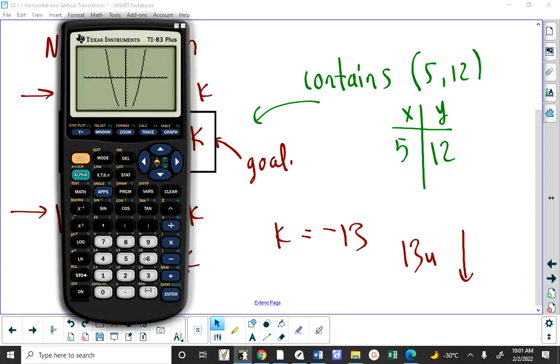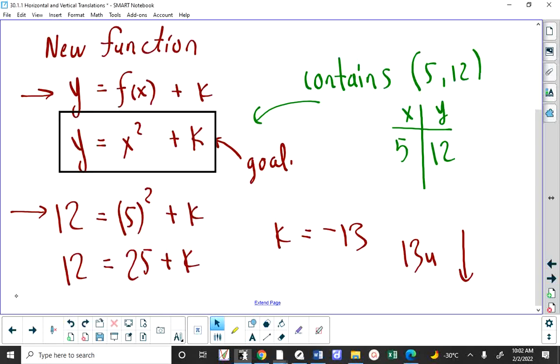Now, this is supposed to pass through (5, 12), right? So I can just go trace 5. It shows me the y coordinate is 12. I can't see the point because it's off the screen. I could go to my table and look at x equals 5 and see that y is 12. There are ways that we could confirm this. Any questions with that example? Okay.